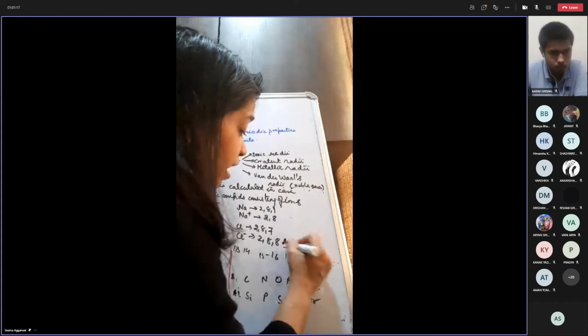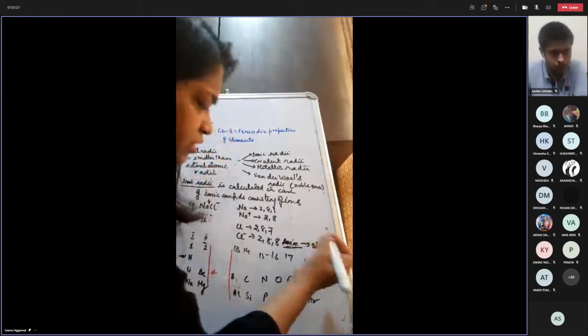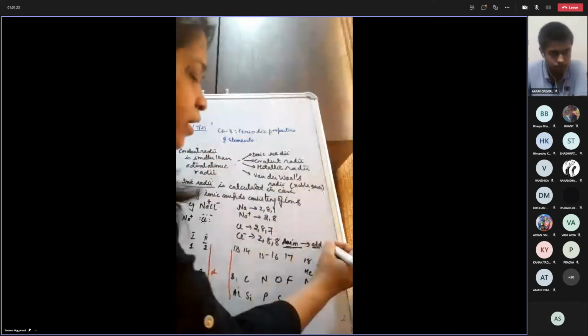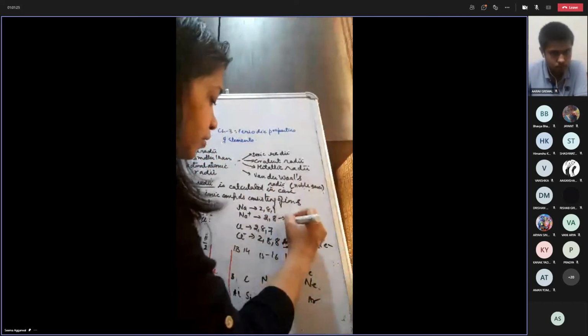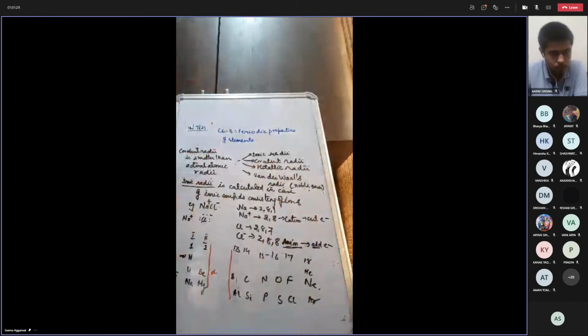Anion means add. What is added? Electron. We can remember it this way. Cation means cut. What is cut? Electron. So cation means there is a loss of electron, or an electron is cut. Anion means add. What is added? Electrons are added.